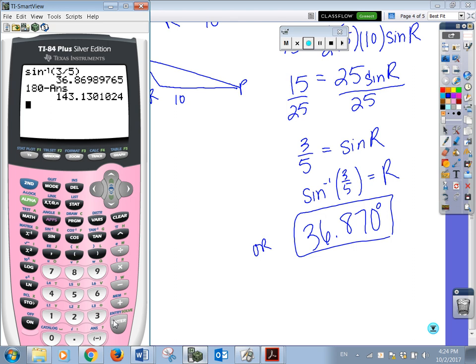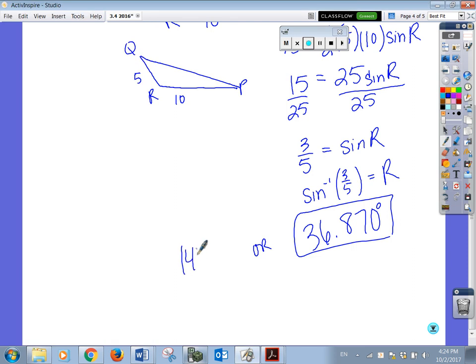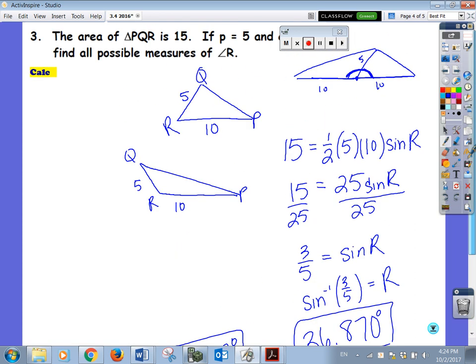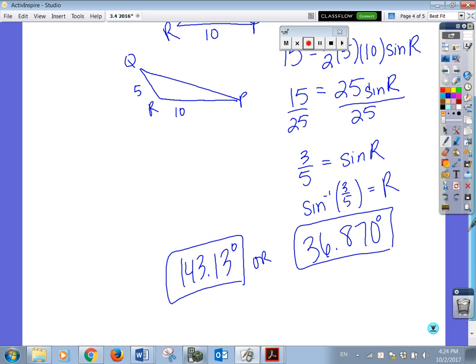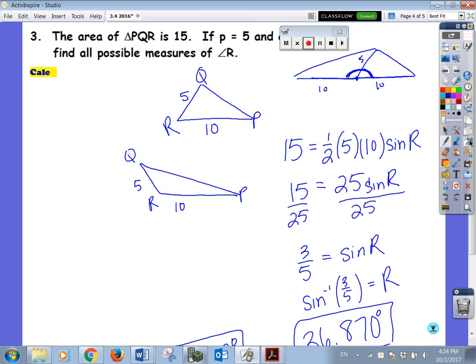That's the obtuse angle, 143.13 degrees. So there are your two possible angles. Again, the question said find all possible measures of R, so that's what we did. And it could be 36 or 143, depending on which triangle we have. We just don't know.